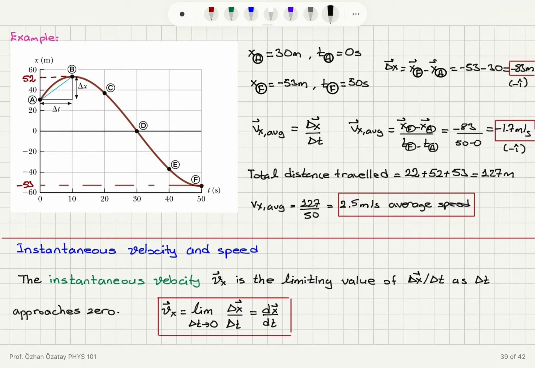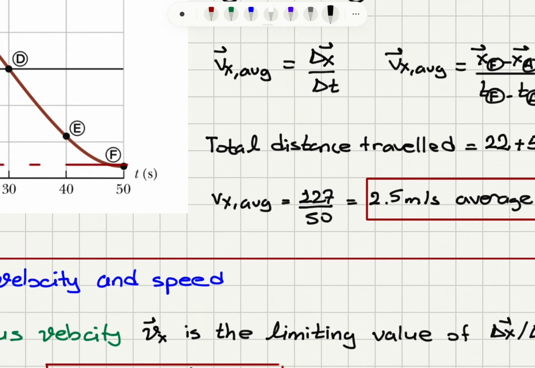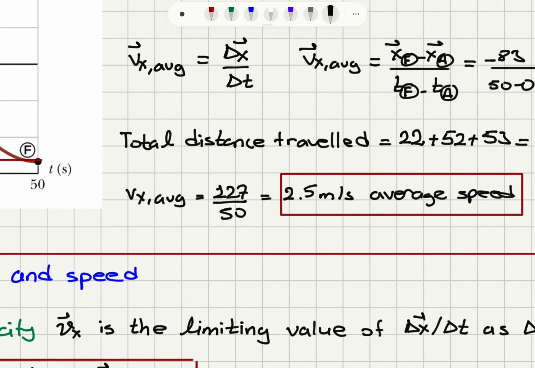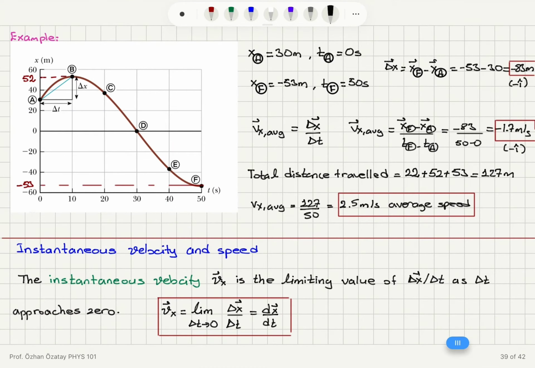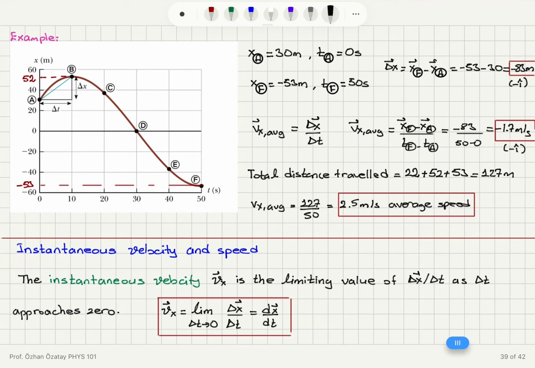And the average speed of the particle is then the total distance traveled divided by the total time it takes to complete the motion, 127 divided by 50, that is 2.5 meters per second average speed. So you can see the average velocity is minus 1.7 i hat meters per second, but the average speed is 2.5 meters per second.